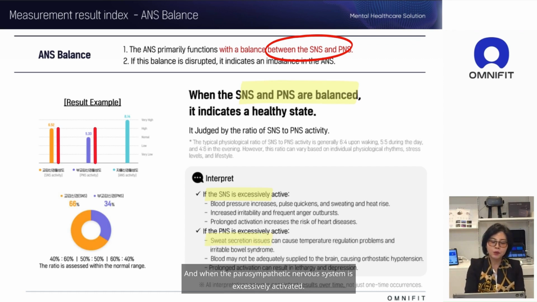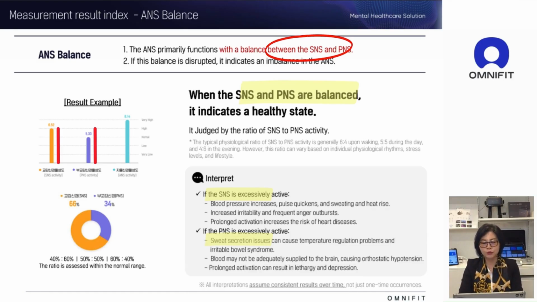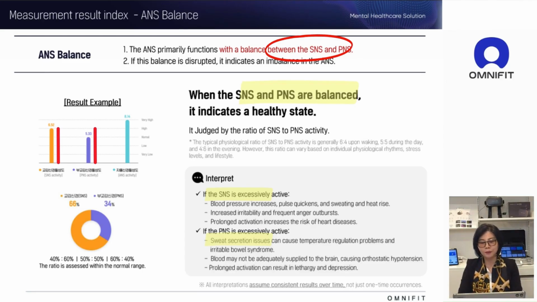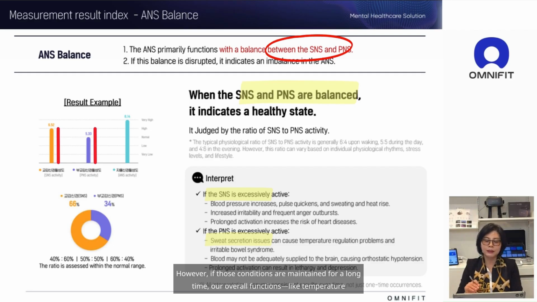And when the parasympathetic nervous system is excessively activated. In these cases, of course, if it's generally activated to maintain balance or just slightly elevated, you could say the body is in a relaxed state. However, if those conditions are maintained for a long time, our overall functions, like temperature regulation or the activity of internal organs related to the autonomic nervous system, could decrease.